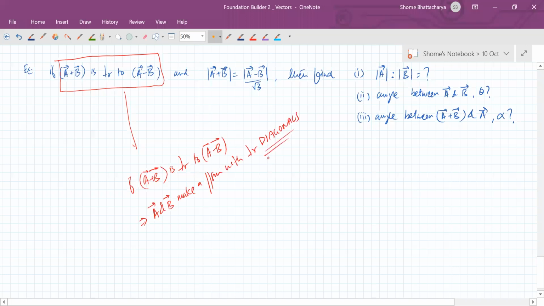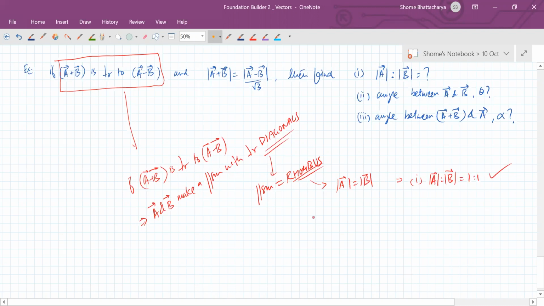Okay, so you realize that that is only possible when the parallelogram is a rhombus, and that means that magnitude of A is equal to magnitude of B. So the first part is done. Therefore, the first part is 1:1.